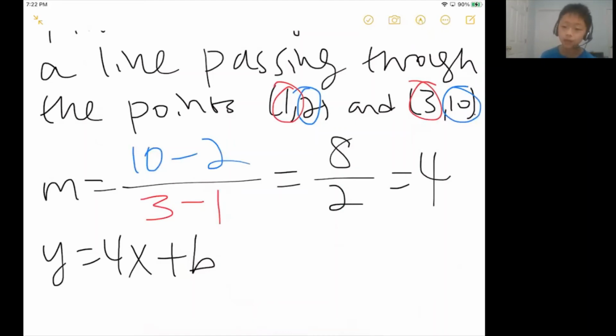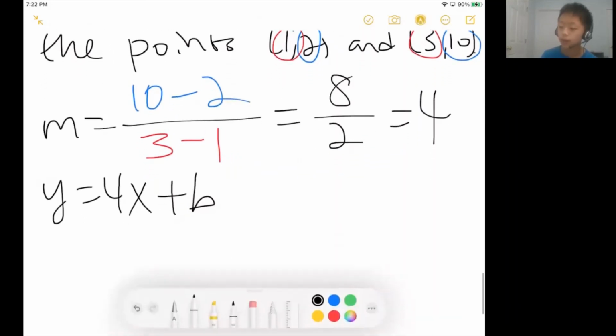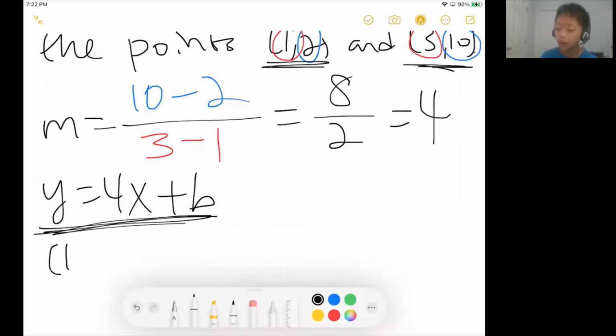But what we can do is remember the meaning of the equation of a line: what this equation represents is all the points (x, y) that lie on the line. So any point (x, y) that lies on the line connecting the points (1, 2) and (3, 10) must satisfy this equation. So if I plug the point (1, 2) into this equation, it has to satisfy the equation.